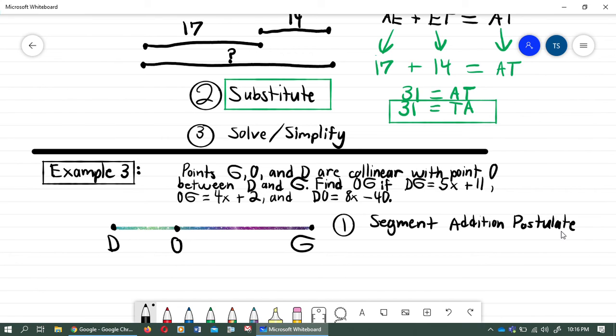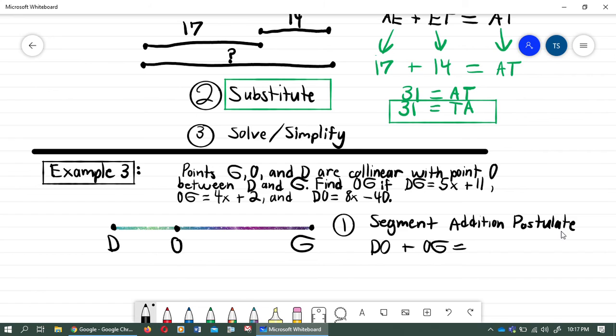Okay. All right, so folks, the way we would write this out in this example, DO, plus, all right, so what's the other small part that has to be added to give you the entire thing? OG, right? DO plus OG equals DG.